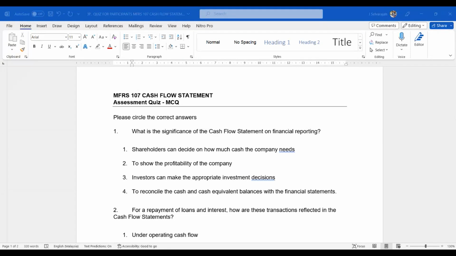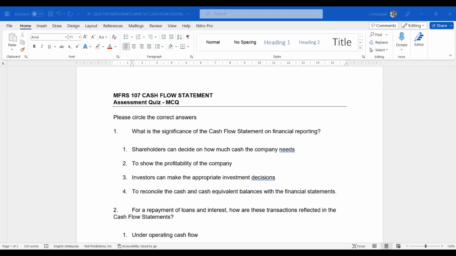Now the correct answer, the appropriate answer, is actually number 3. The whole purpose of the significance of a cash flow statement on financial reporting is for investors to make the appropriate decision. Now, if you are talking about number 4, to reconcile cash and cash equivalents, that is not really the point of a cash flow statement.